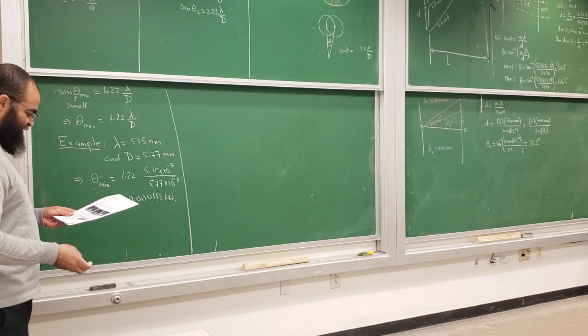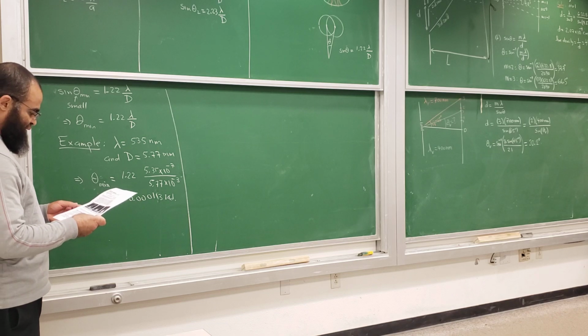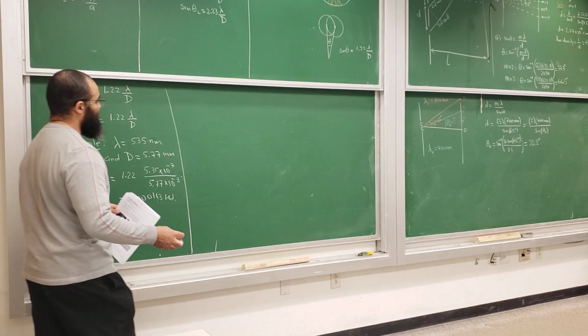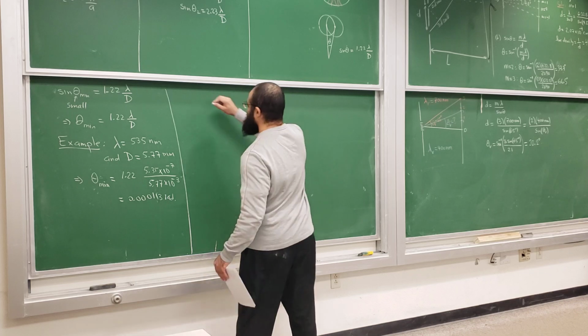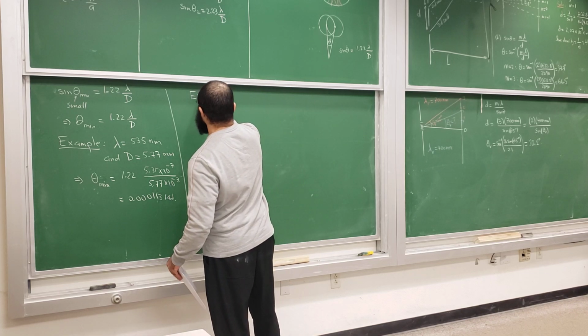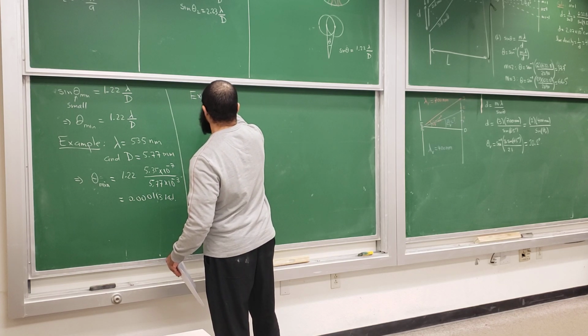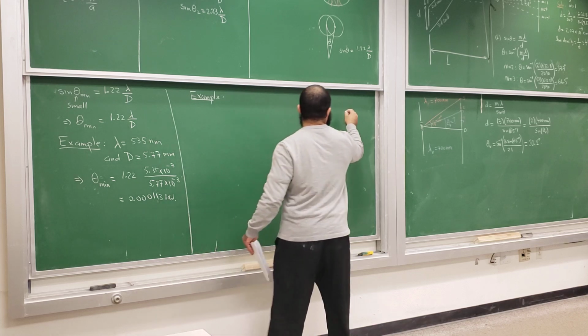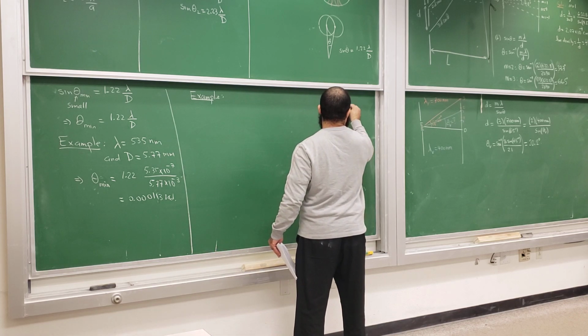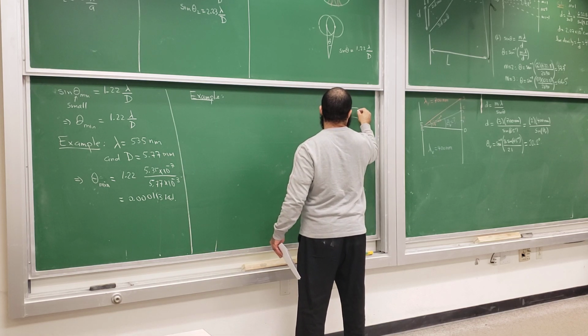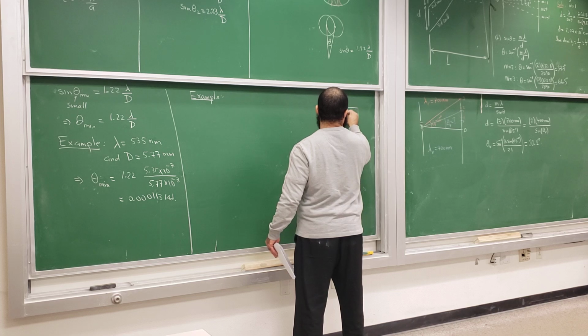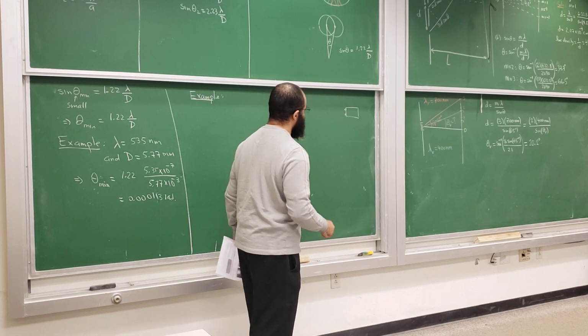So here is this example. Let's say here is a car. This is the next example. Here's a car, coming towards you. Here are the headlights for the car.